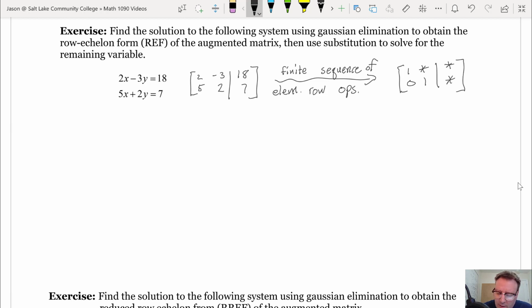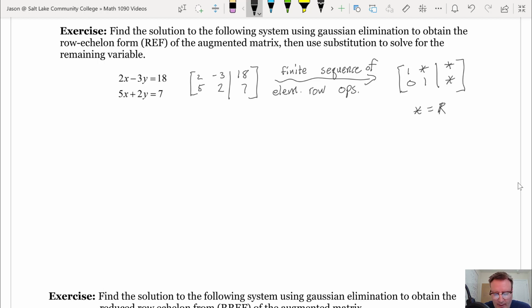Okay, where star is just any real number. In other words, we want to put this into row echelon form where we have ones on the diagonal and zeros below, but we don't care about above the diagonal.